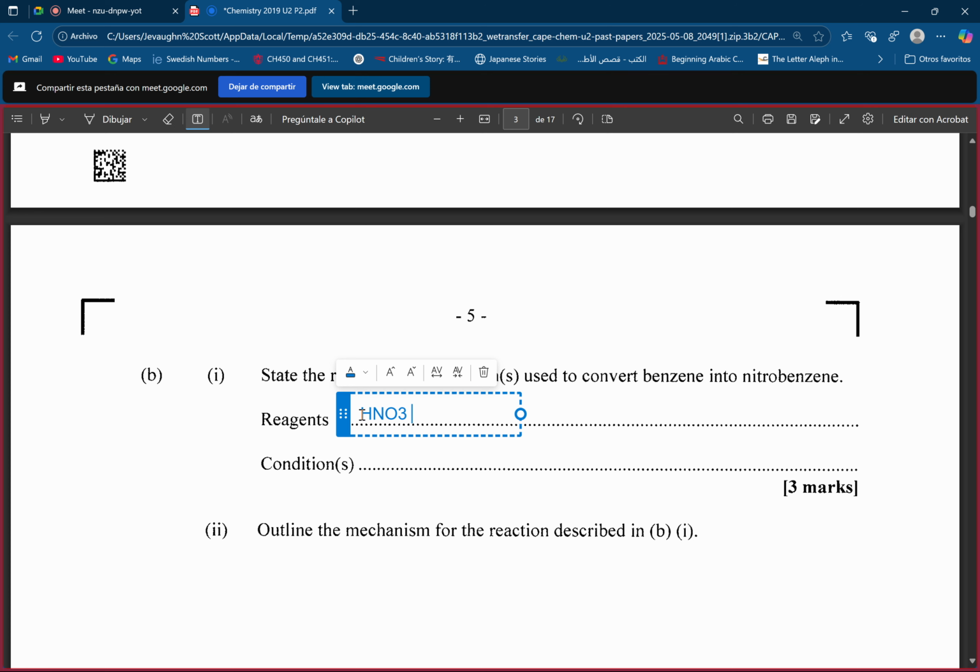Then we're gonna have what else? H2SO4, right? What else do we have? The conditions would be what? Would it be glacial conditions? It wouldn't be glacial because this is not creation of phenylamine. So it would be around 50 to 60 degrees Celsius or so, somewhere around there.